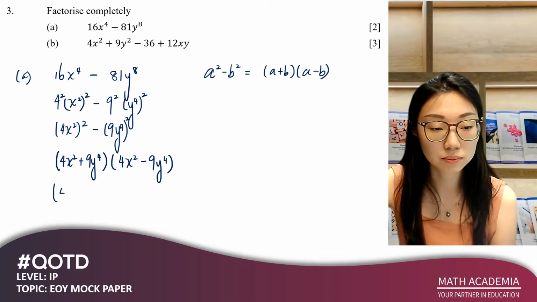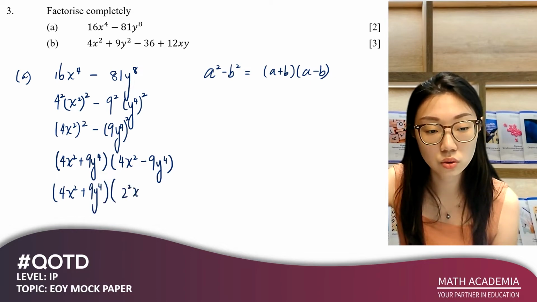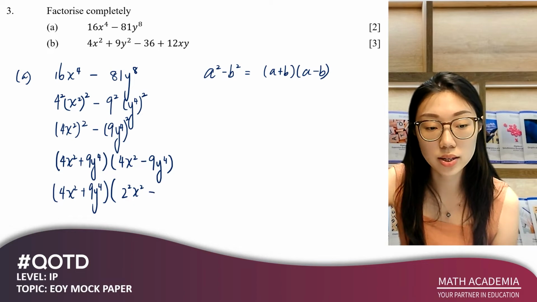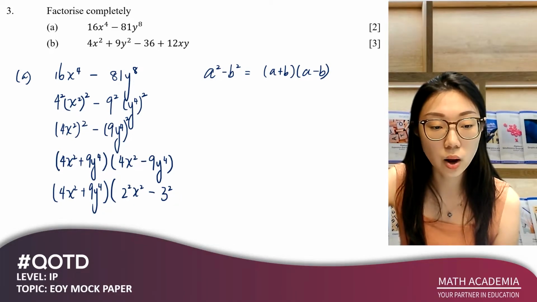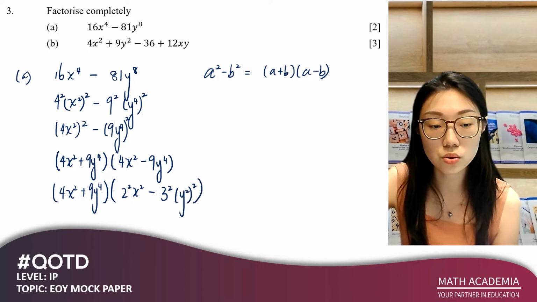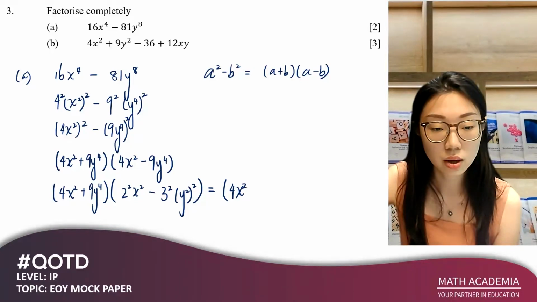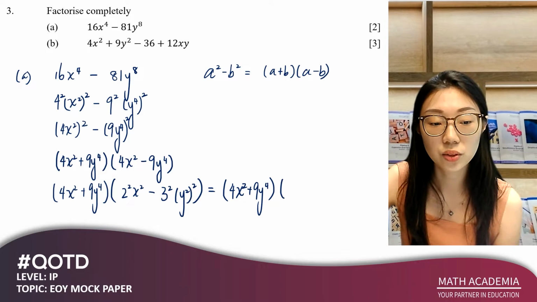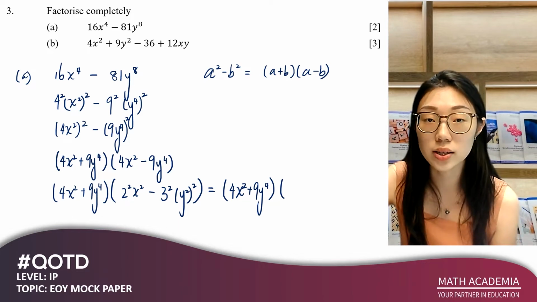But in this case, 4, I can express it as 2 to the power of 2. And 9, I can express it as 3 to the power of 2. Okay, and y to the power of 4, I can express it as y squared to the power of 2. So therefore, I can further simplify this as 4x squared plus 9y to the power of 4 multiplied by, in this case, my a would be 2x and my b would be 3y squared.